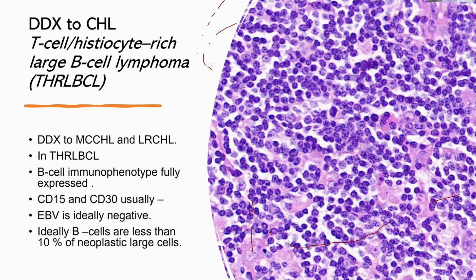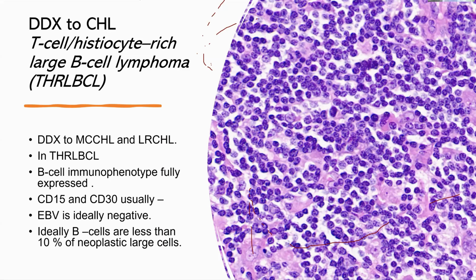But as we mentioned earlier, this is considered technically a B-cell lymphoma. So these larger cells should be essentially negative for CD30 and CD15, but positive for CD45. And the B-cell program, all the transcription factors like PAX5, OCT2, BOB1, and CD20, usually are very strongly expressed in these cells.